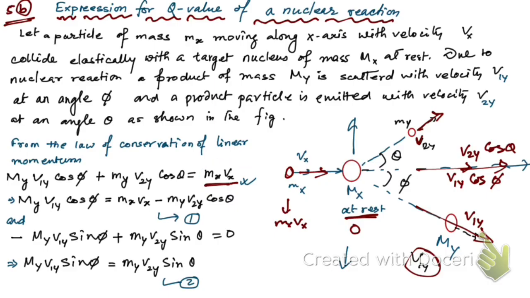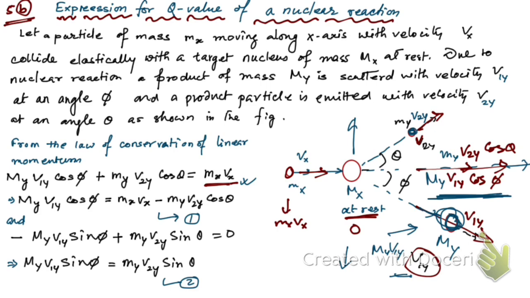After collision, one nucleus goes in this direction with momentum My v1y, whose x component is My v1y cos phi. The scattered particle's momentum is my v2y, but in the x direction it is my v2y cos theta.